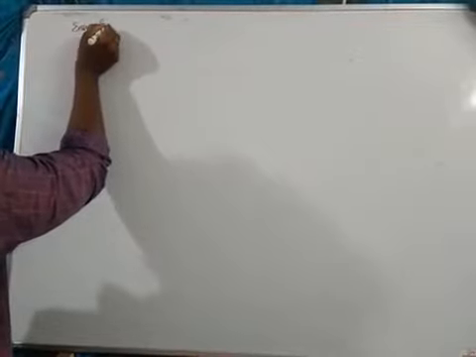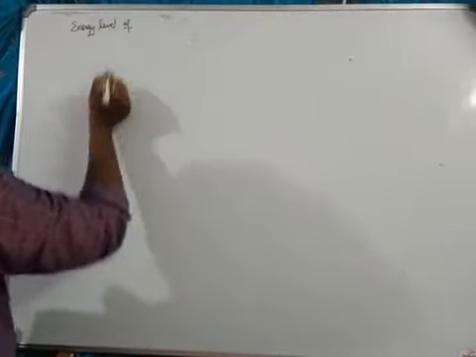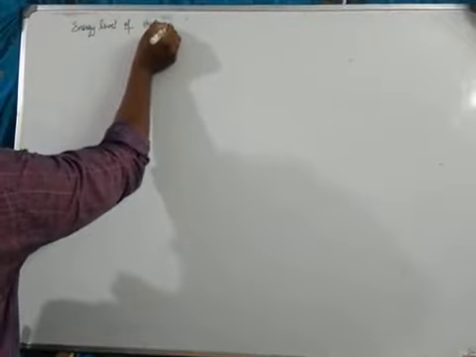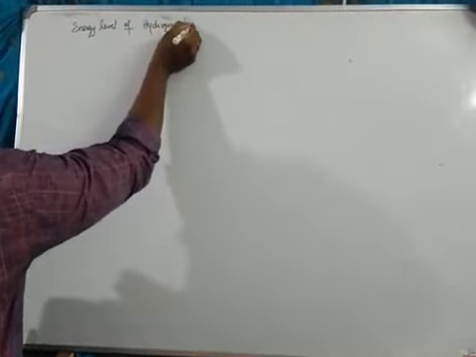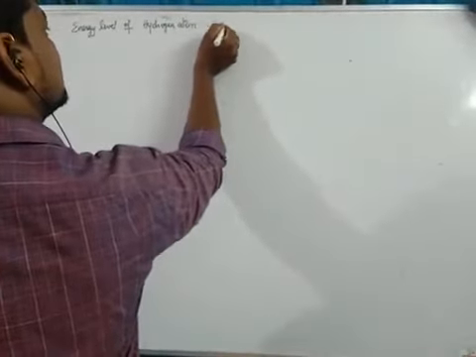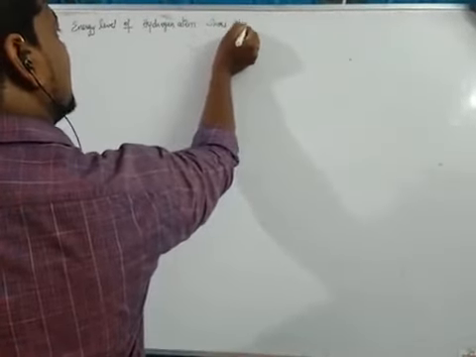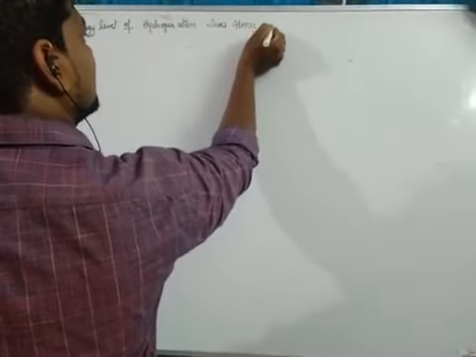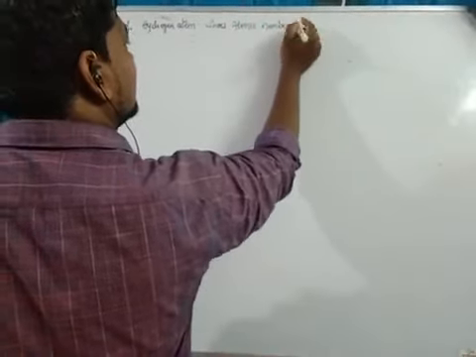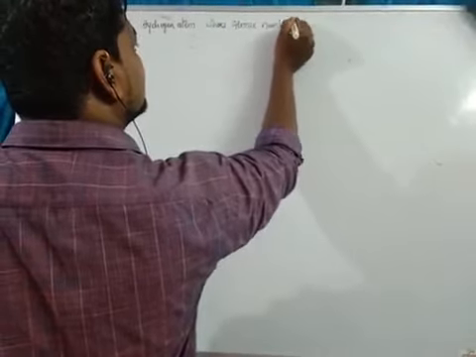Okay, we will calculate the energy levels of the hydrogen atom, whose atomic number Z is equal to 1.